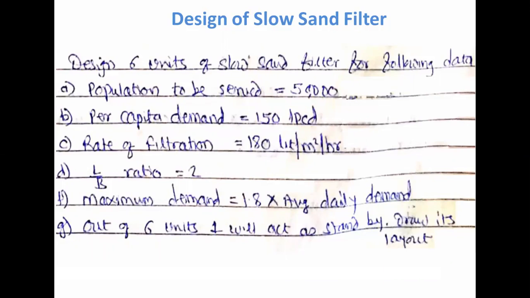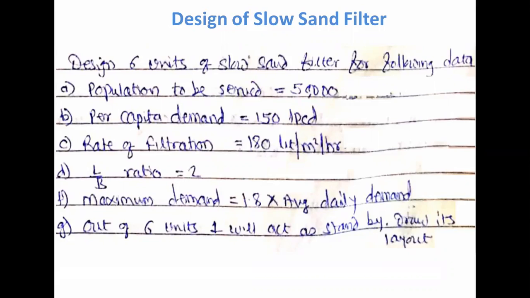Next, rate of filtration is equal to 180 liters per meter square per hour. So through 1 meter square, the rate of flow is 180 liters per hour.